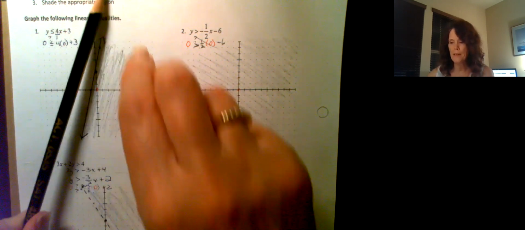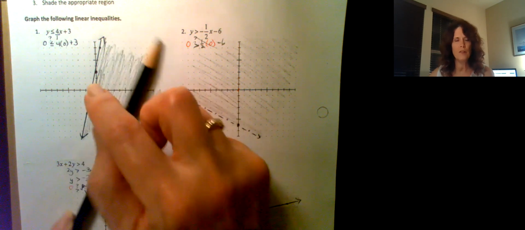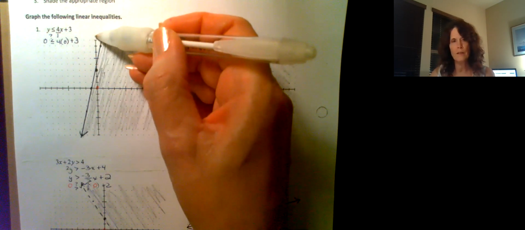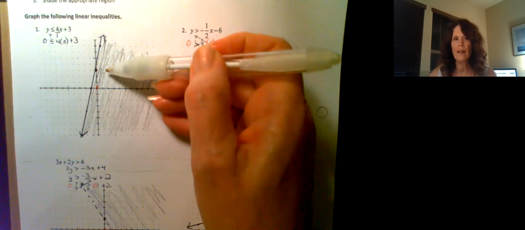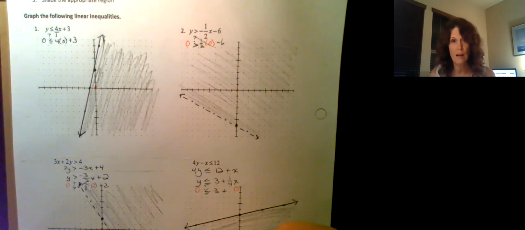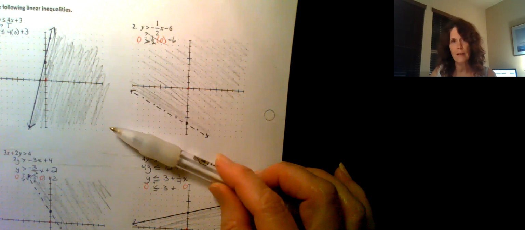And if we think about this line right here, from where it intersects the y-axis, all of these coordinates are greater than, and all of these are less than, right? So for y being less than this line, it would be below it, right? For this one, we had greater than, right? For the line here where it crosses, these are the y values that are greater than, aren't they? And these are y values that are less than.